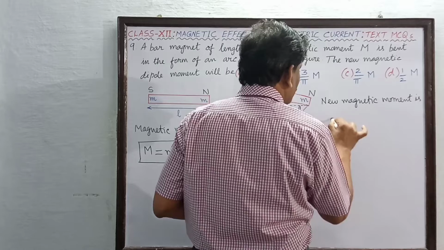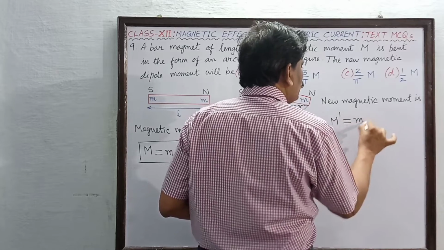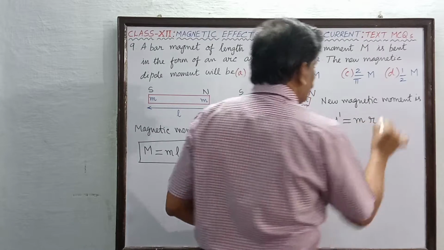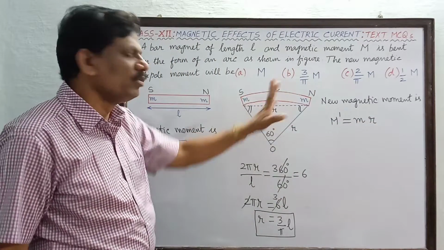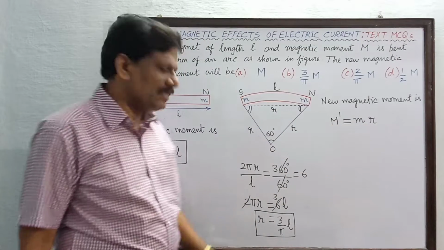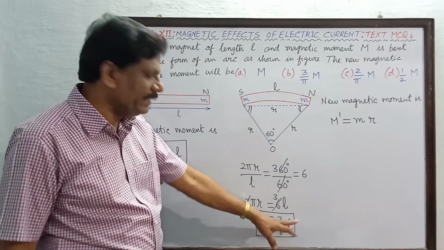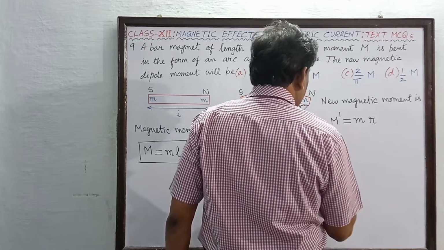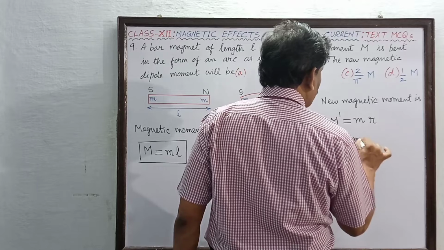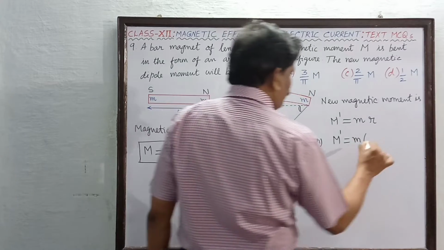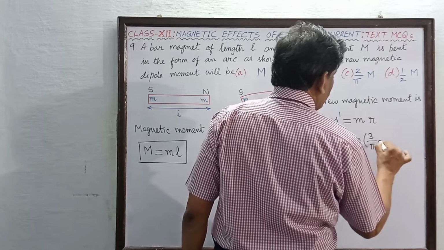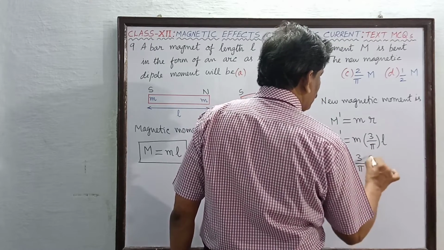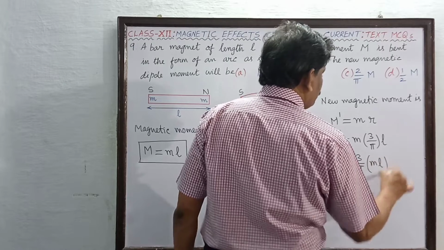So now the new magnetic dipole moment, or simply magnetic moment, is given by M dash equal to the same pole strength m into r, the distance between the two poles. So instead of r, we substitute 3 by pi into L. So M dash is equal to m into 3 by pi into L, which is equal to 3 by pi into mL.